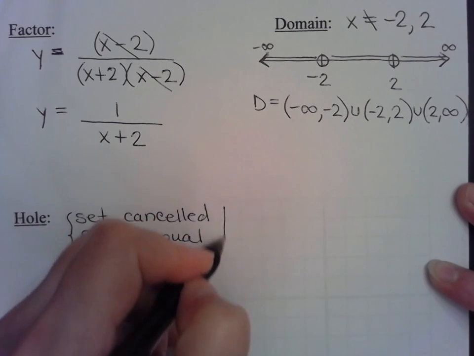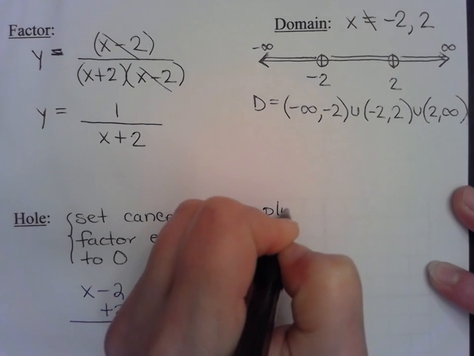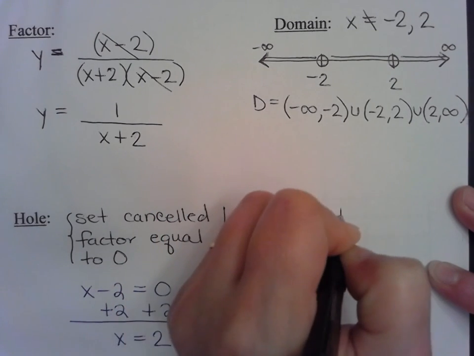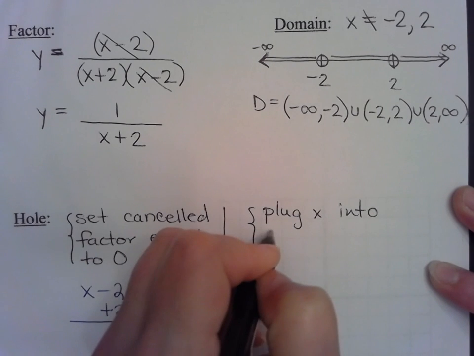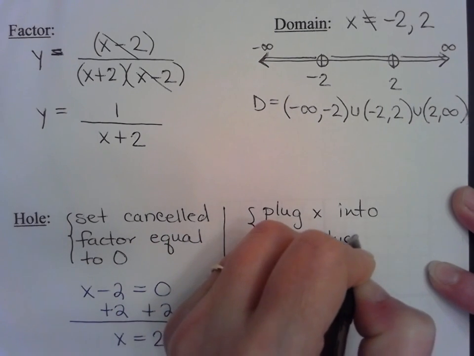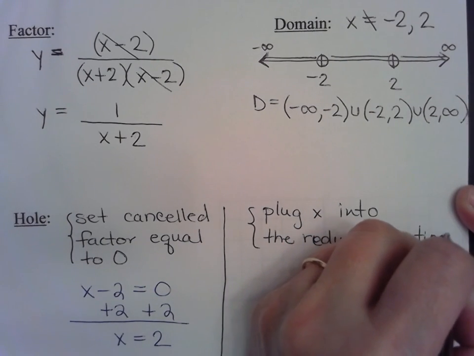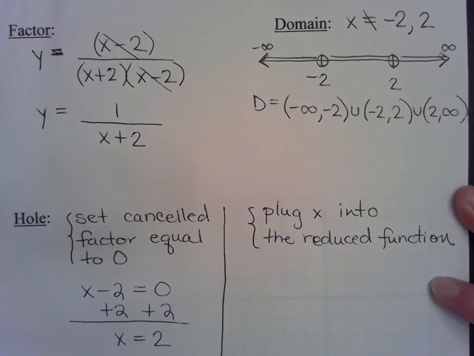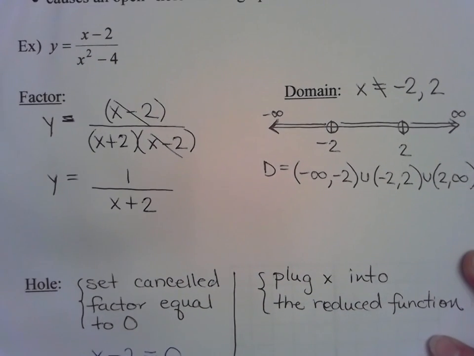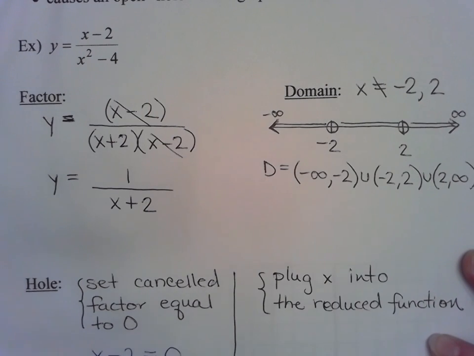To find the y value, I'm going to plug x into the reduced function. I don't want to take my 2 and plug it into the original function because I have a hole there. That's why it's undefined, it's not in my domain, it doesn't work.